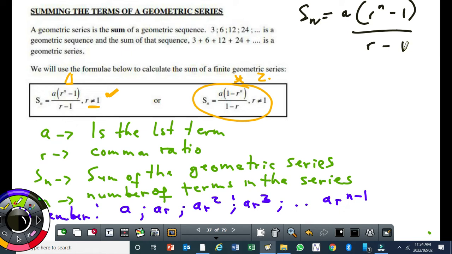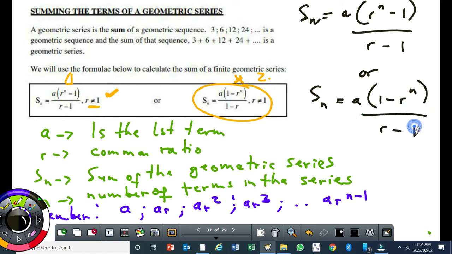Now, this formula can also be written as Sn equal to A times (1 minus r to the power of n) all over (1 minus r). It can be written like that. Either way, you get the same answer. But your r cannot be equal to 1, because if r becomes equal to 1, that denominator becomes what?